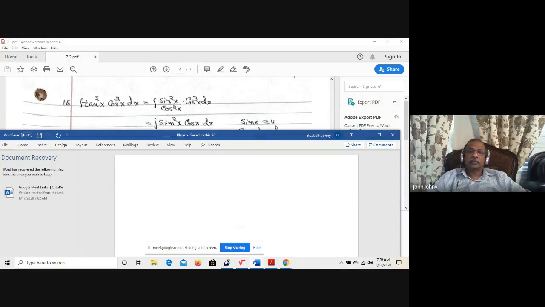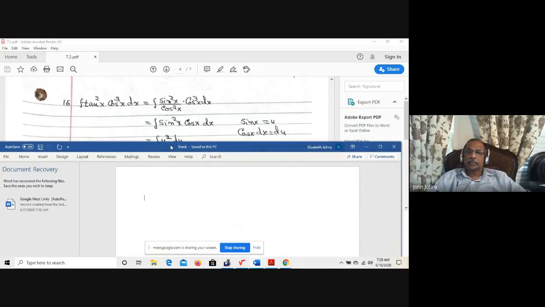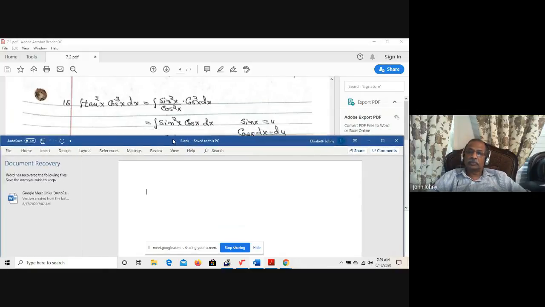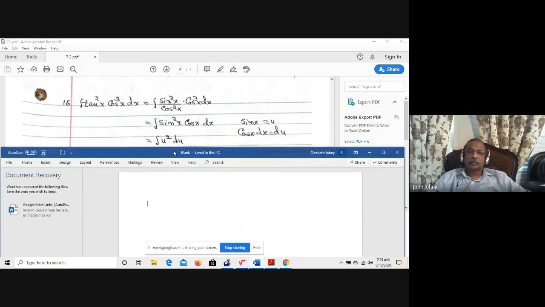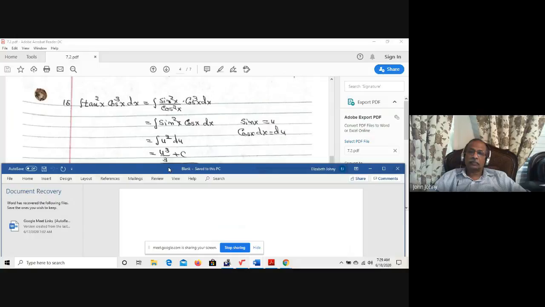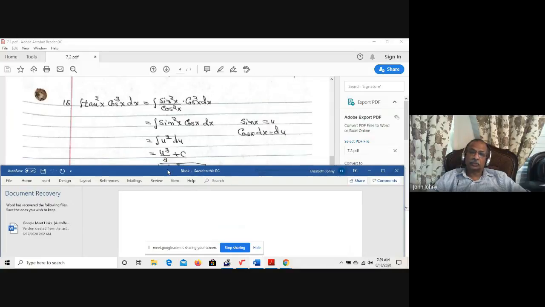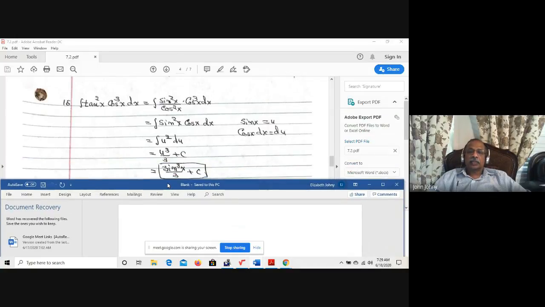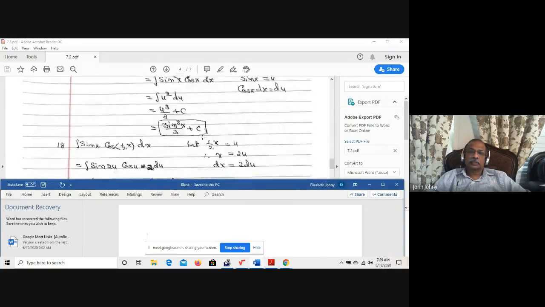So it becomes sin squared x times cos x dx. Substitute u equal to sin x. Therefore, du is equal to cos x dx. And so the antiderivative becomes the integral of u squared du, which is u cubed over 3 plus the constant of integration. u is sin x, so sin cubed x over 3 plus the constant of integration.